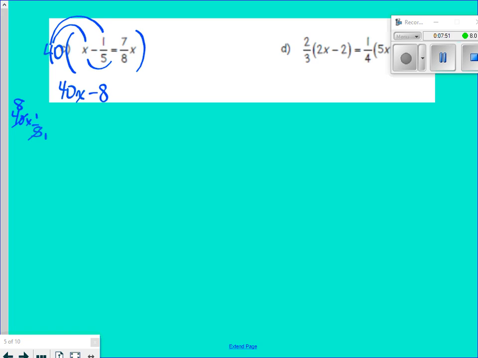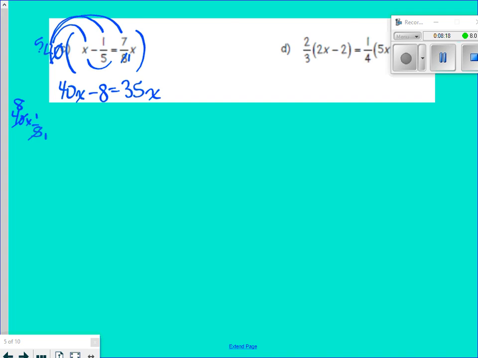Okay, that's a negative and a positive. 40 times 7/8. So 8 can go into 40, right? 8 divided by 8 is 1. 40 divided by 8 is 5. 5 times 7 is 35x.